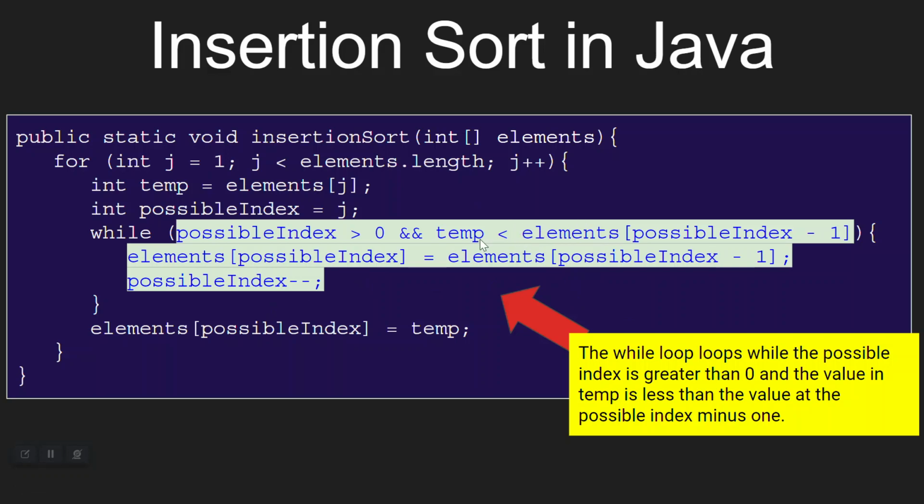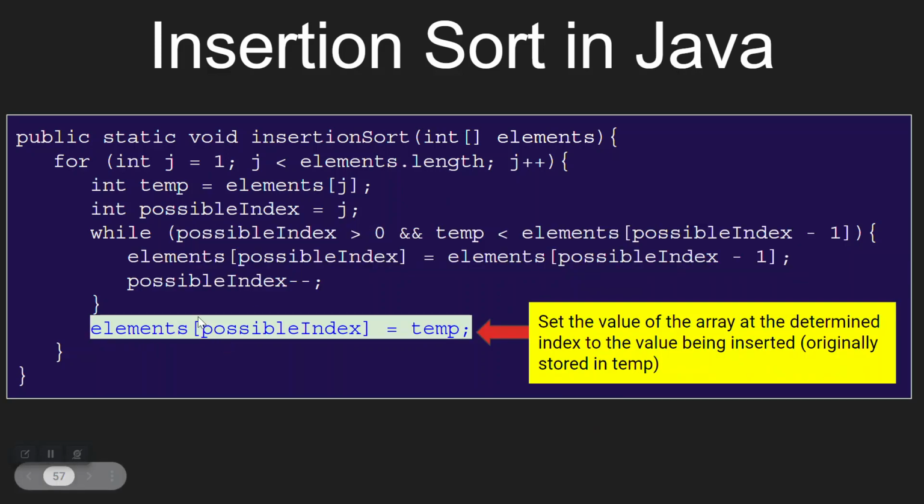So if the temp is smaller than elements at possibleIndex minus 1, go ahead and do these two lines. And then finally, elements at possibleIndex is equal to temp. What we need to do is set the value of the array at the determined index to the value being inserted. And that was what was originally stored in temp.